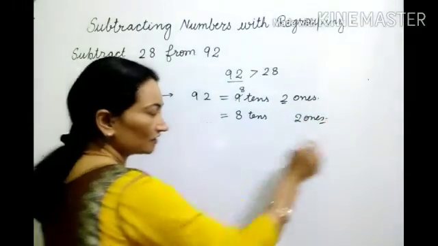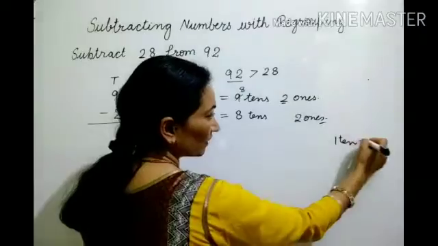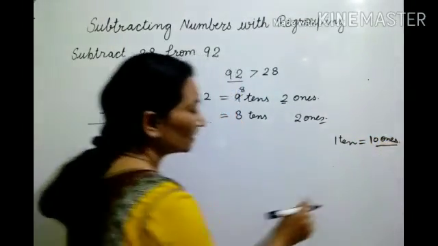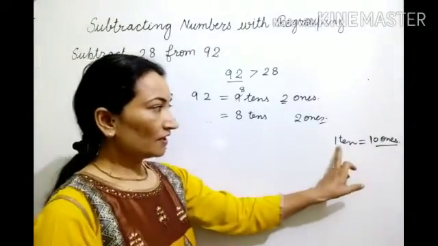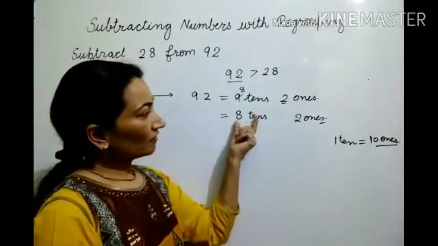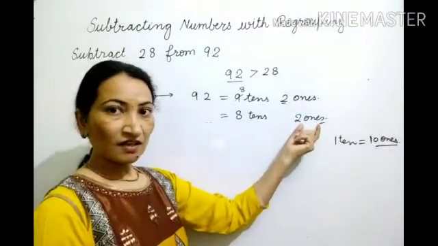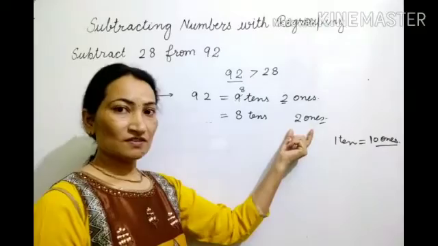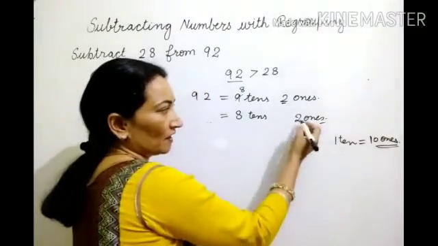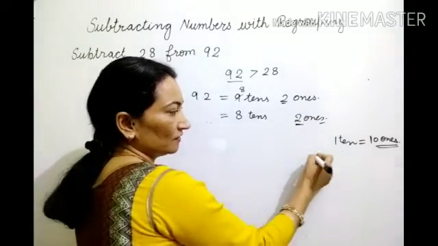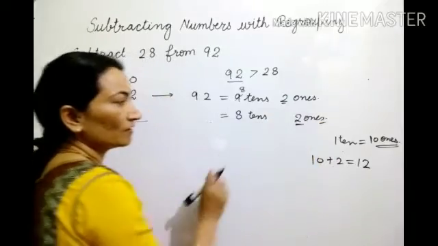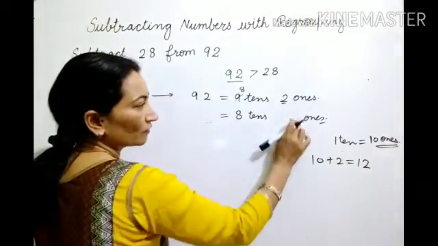And I told you that in 1 ten, how many ones? 10 ones. So many times I have told you, in 1 ten, 10 ones. So when 1 ten goes to the ones place, it turns into ones. So 10 ones will be there and 2 already were there. 10 plus 2 will become 12. So how many ones will be there? 12 ones.